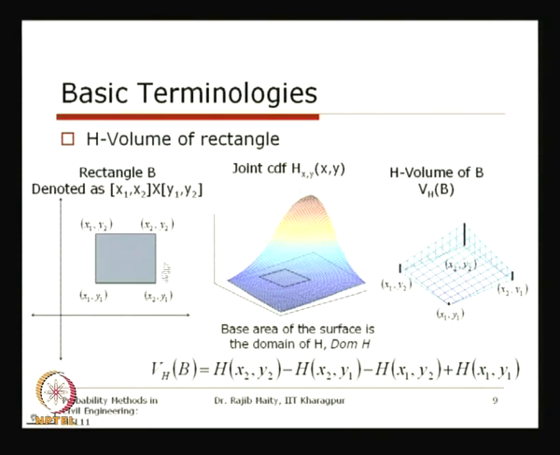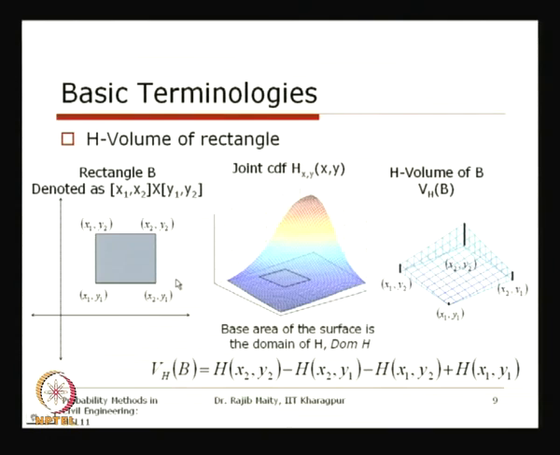If we go back to this original rectangle, then the value of the function at this point, minus the value at this point, minus the value at this point, plus the value at this point, gives you the h volume of that function over the rectangle B, for which the vertices are as shown in this figure: (x1, y1), (x2, y1), (x1, y2) and (x2, y2).